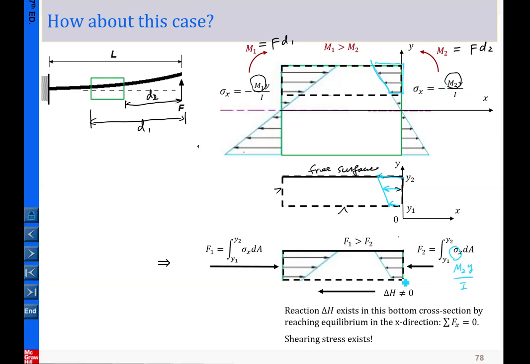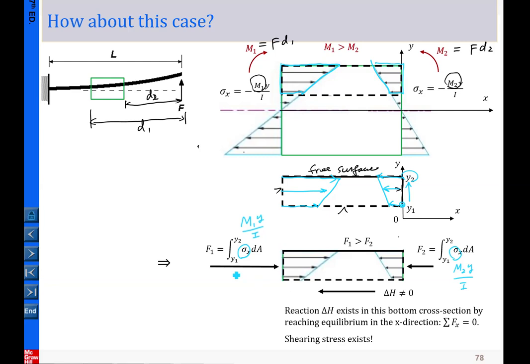That's integrating from Y1 to Y2. In a similar way, I determine the force on the other side. Let me copy that one here. So that is the bending stress. Again, for this one, I do the surface integral, and the bending stress is M1 times Y over I.